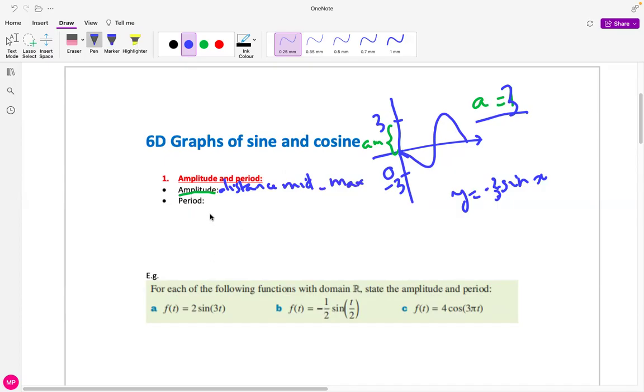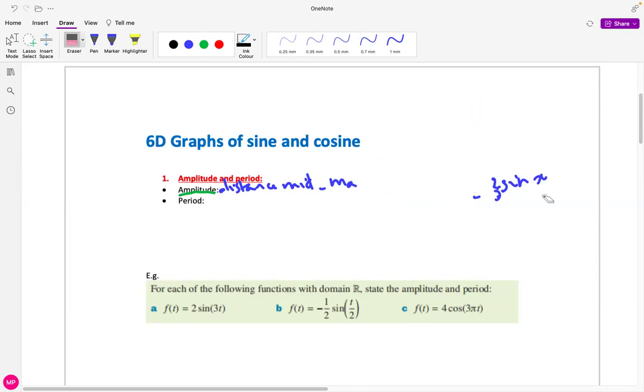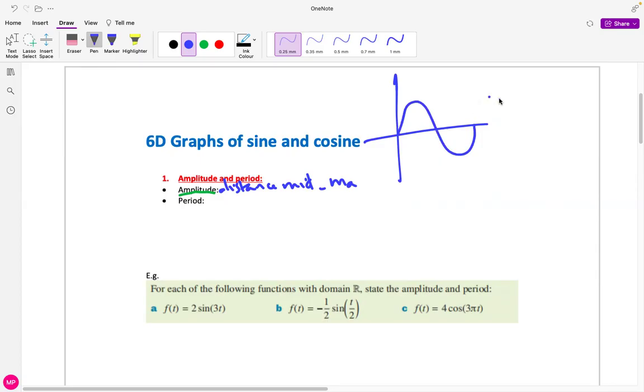The period, by definition. So with the basic form, let me do this again. All right. Now, if I have the original graph go like that, this is y equals sine of x.